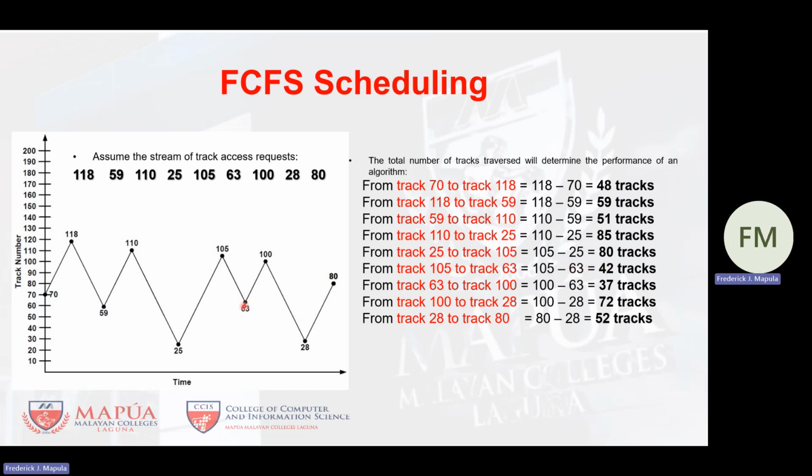And then 63 to 100: 100 minus 63 is 37, and 100 minus 28 is equal to 72. And then 28 to 80: 80 minus 28 is equal to 52.